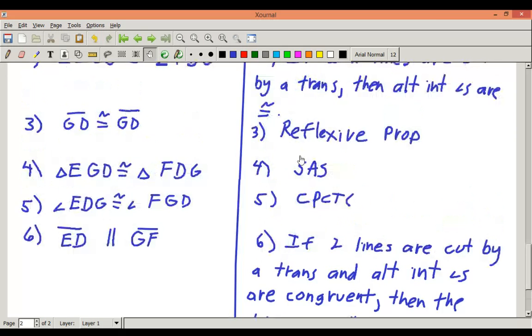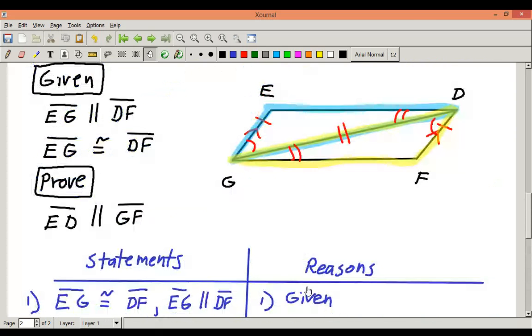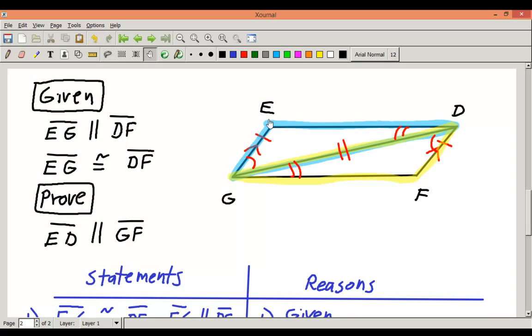Let's look at the drawing for that. Now we're saying that this top side, ED, is parallel to this bottom segment, GF, because if two lines, those two lines we're talking about, are cut by the transversal, which is DG, and alternate interior angles are congruent, that's what we got from CPCTC.